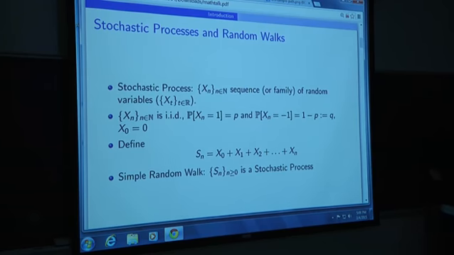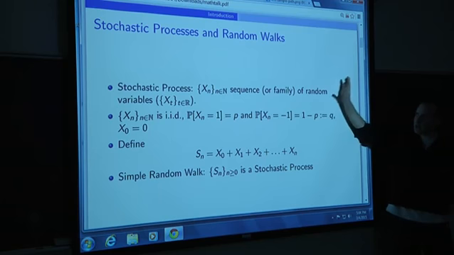The probability of success, say 1, is p, and the probability of failure is 1 minus p, which we call q. And we start with X_0 equals 0. So that's the general definition.